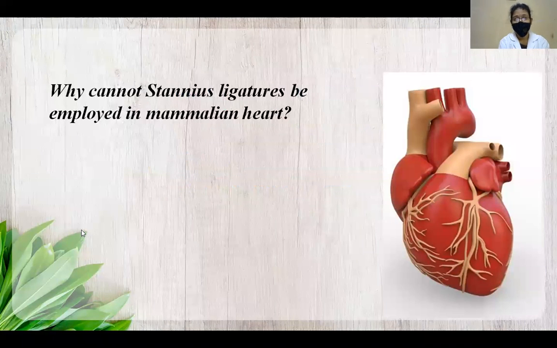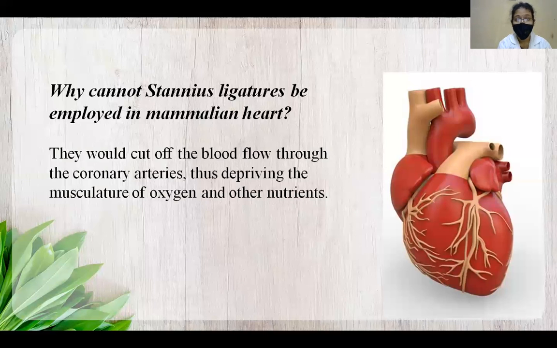Now, this is a mammalian heart. So, can we tie a sinus ligature to a mammalian heart? Can this ligature be employed? No, because it would cut off the blood flow of the coronary artery.